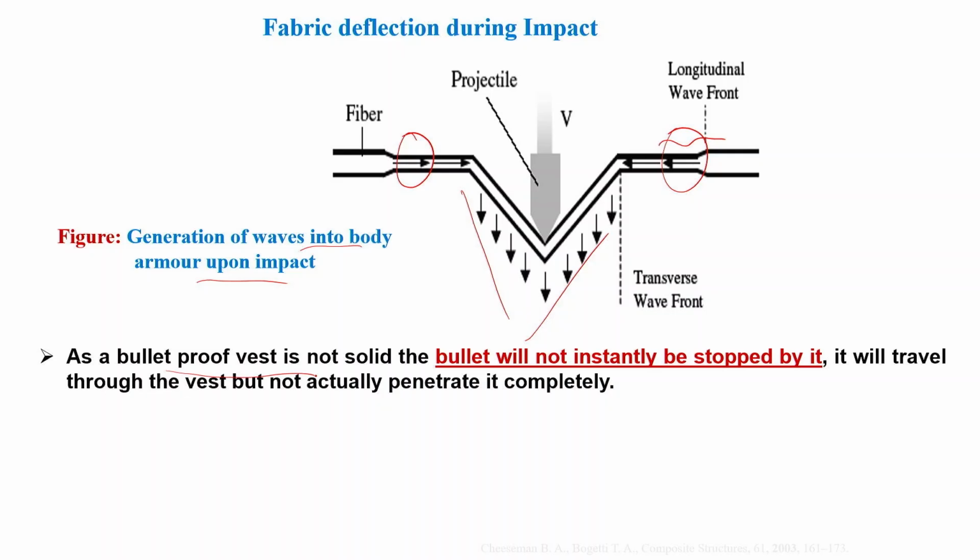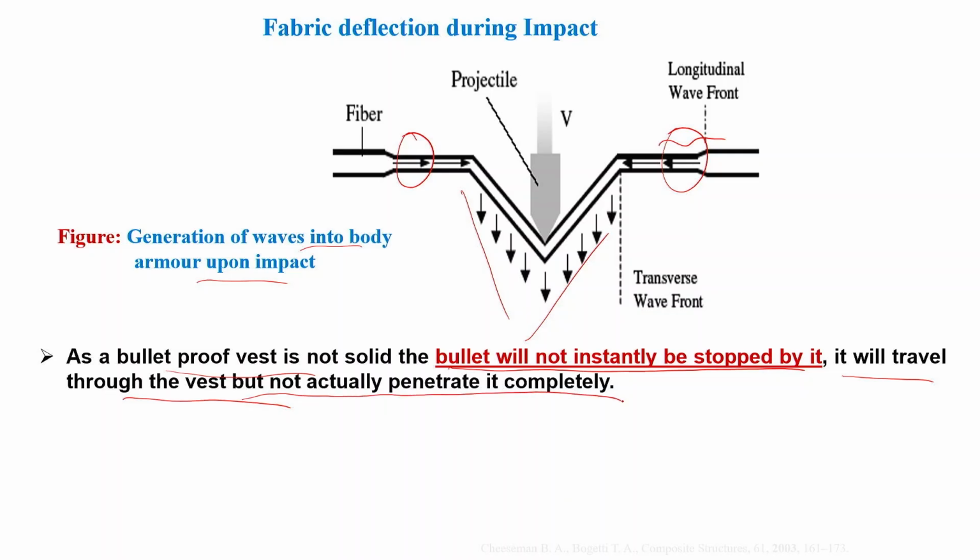As a bulletproof vest is not a solid material, it is made mainly of textile material, and the bullet will not stop instantly. That bulletproof vest will get deformed and the bullet will travel through the vest, but it is not actually penetrating completely.